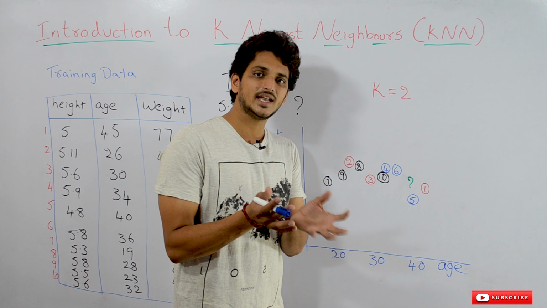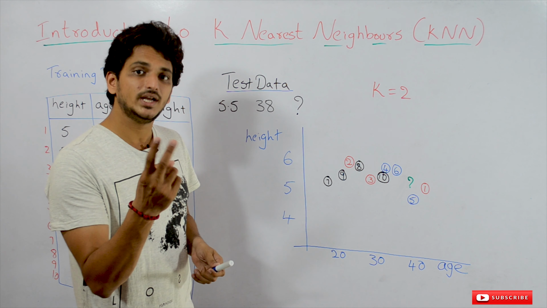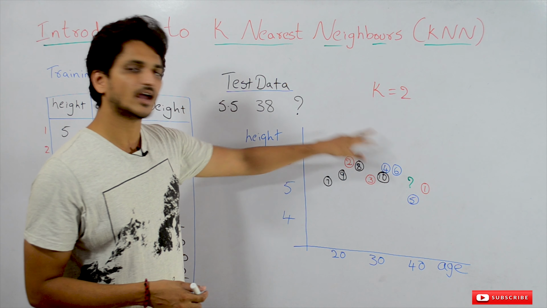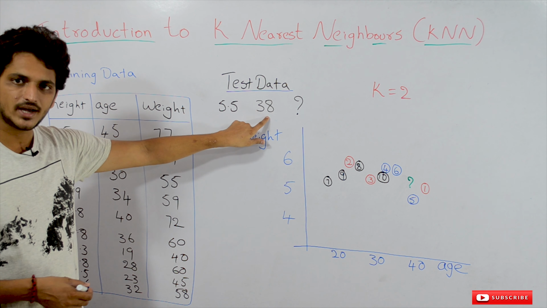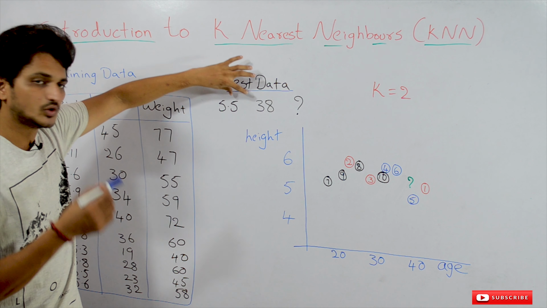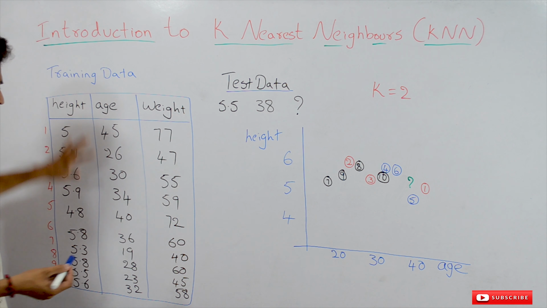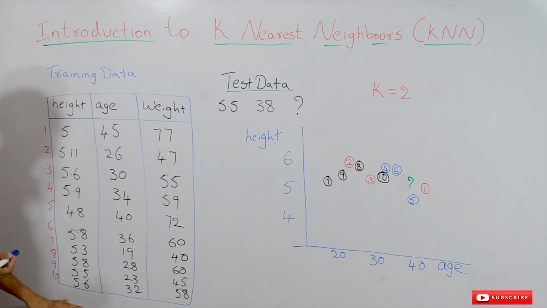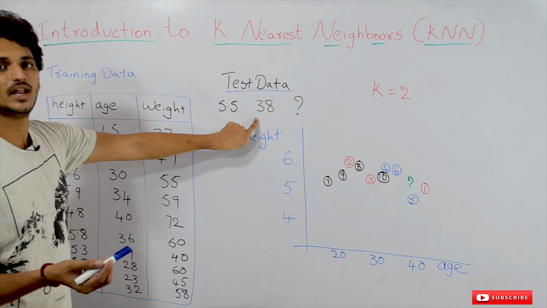So what our KNN model will do here is identify the two nearest neighbors in the training data set. So this is our testing data point. KNN will identify the two nearest neighbor points in the training data set for this testing data point. That is what KNN will do.